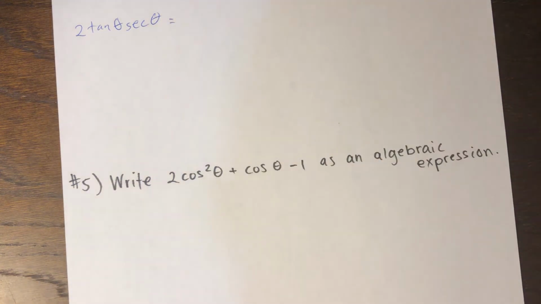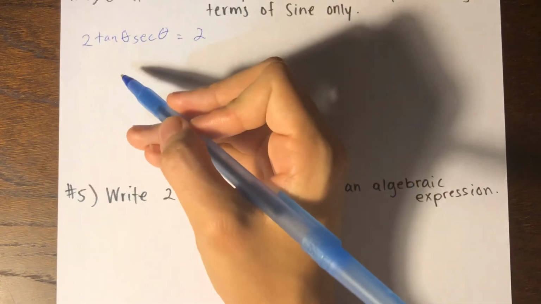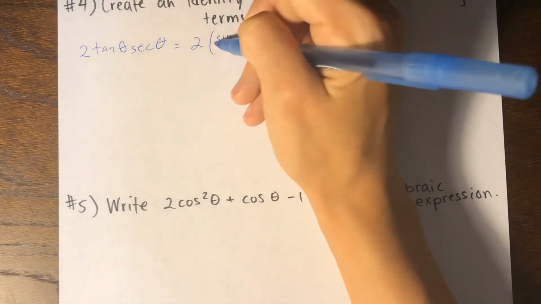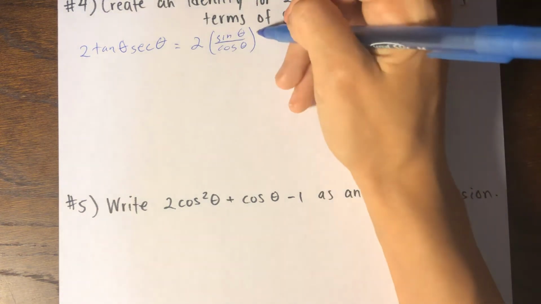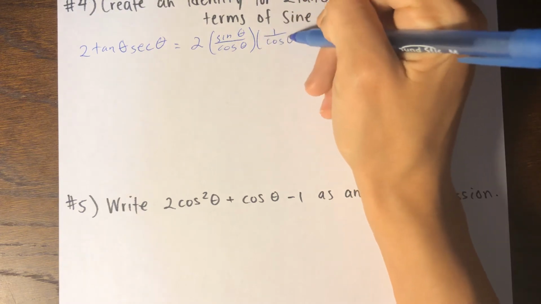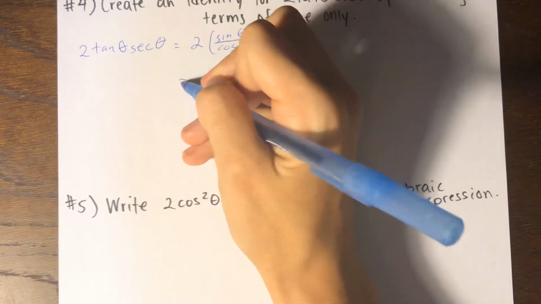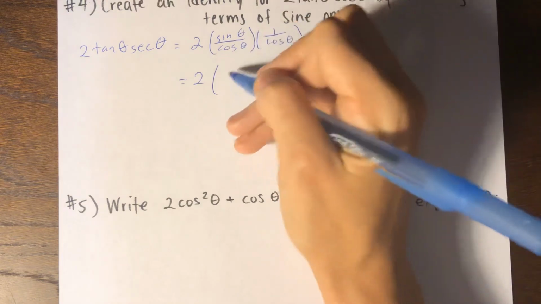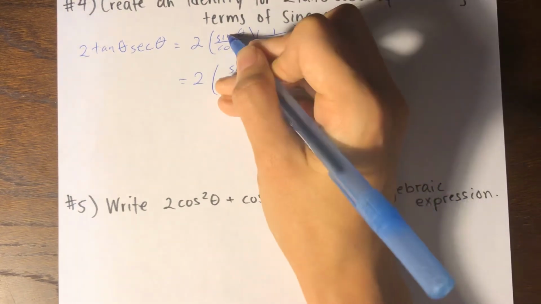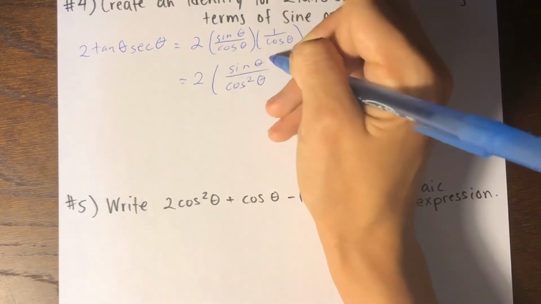I'm going to rewrite this as 2, and tan is sine over cosine of theta, and secant is 1 over cosine of theta. When I multiply these across, I get 2 sine theta over cosine squared theta.